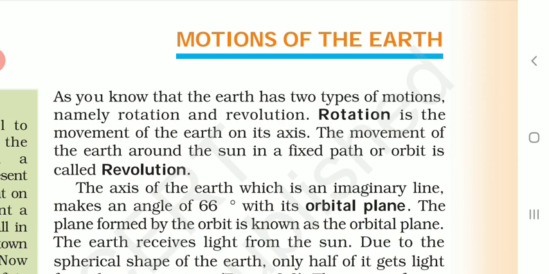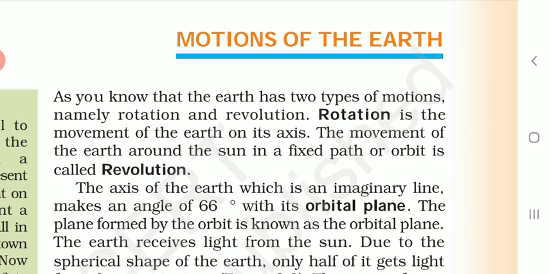The movement of the earth around the sun in a fixed path or orbit is called revolution. Revolution is the movement of the earth around the sun on a fixed path, in a particular orbit.